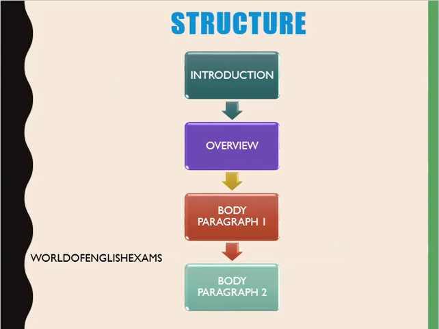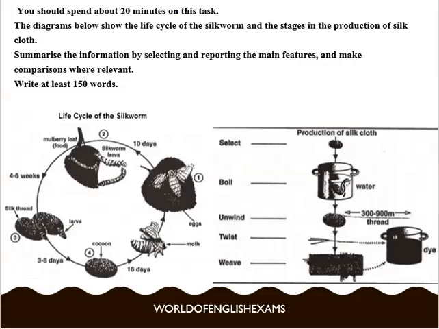Now let's see how this combinational figure looks like. So this is what you will find. Then this is the question, which reads, you should spend about 20 minutes on this task. The diagrams below show the life cycle of the silkworm and the stages in the production of silk cloth. So first they are elucidating the life cycle of silkworm in the form of a picture.